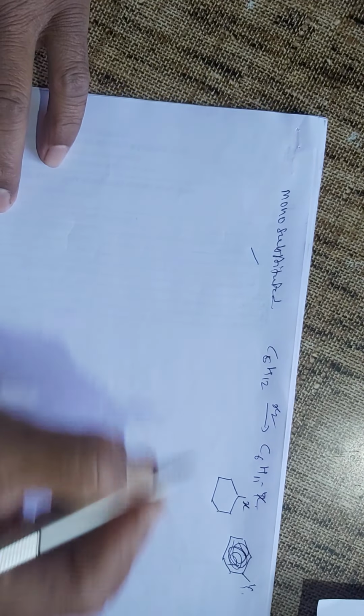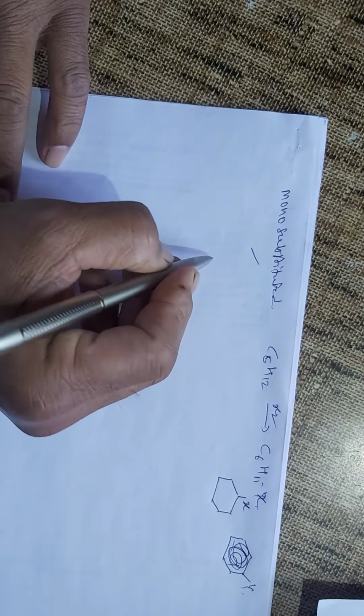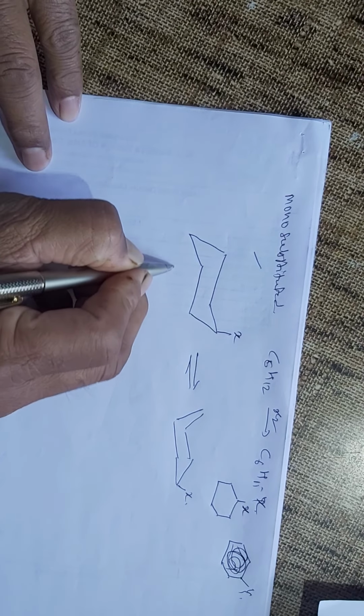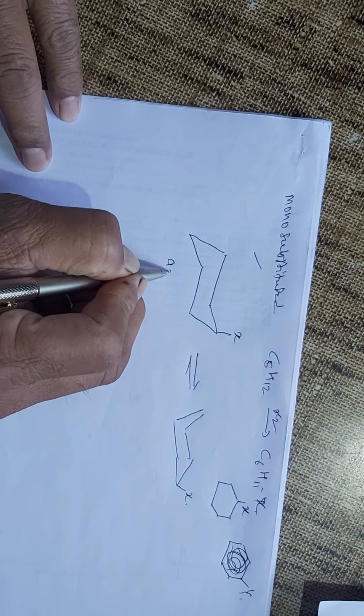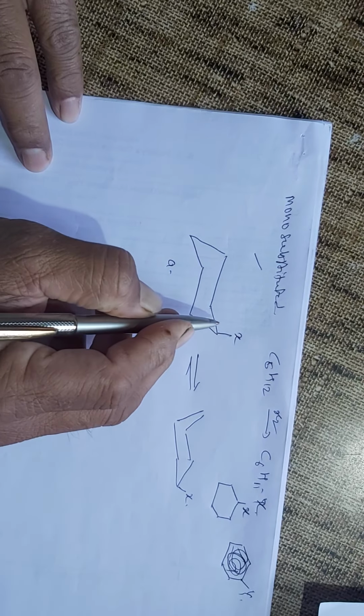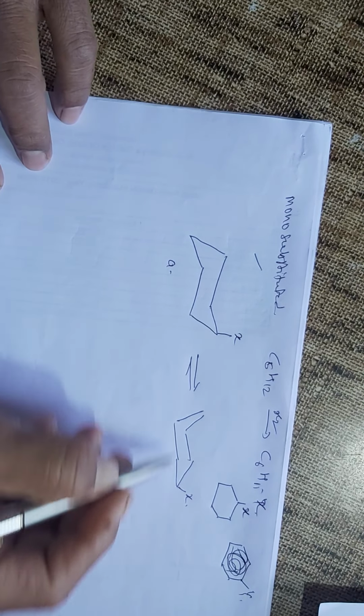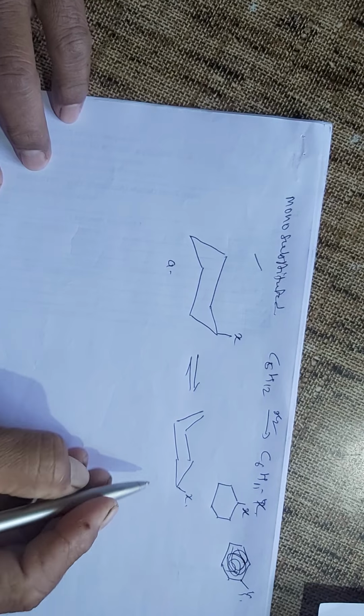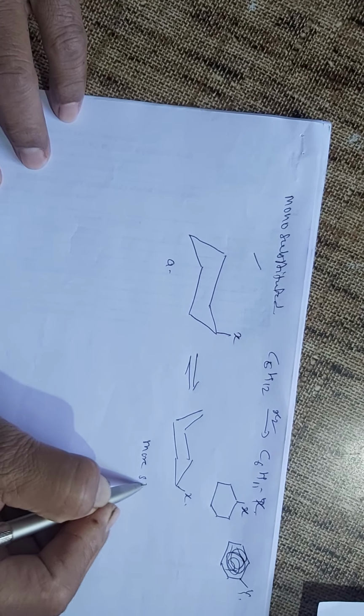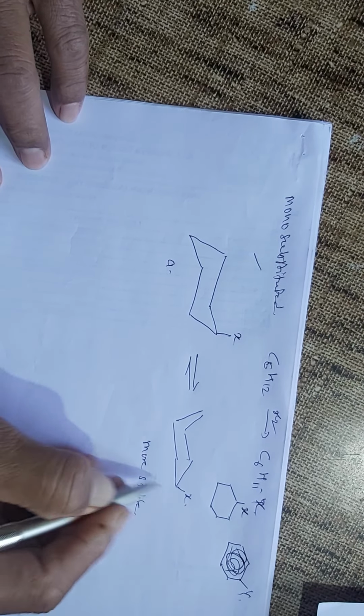And so for this monosubstituted cyclohexane, we studied the two conformations in this way, that this group may be axial, but after ring flipping, the group which is axial will get converted to equatorial. So this is axially substituted cyclohexane, and this is equatorially substituted cyclohexane. This is more stable because there is no interaction.